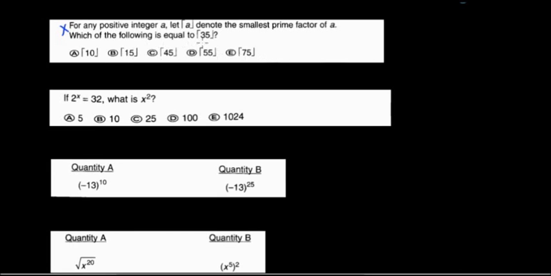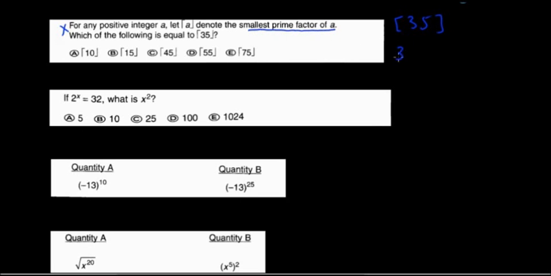Which of the following is equal to [35]? This is a very typical GRE problem where they define something. Here they define this bracket a to be the smallest prime factor of a. So they define something and they ask you to use that definition to find something else. Here they want us to find [35], and what this represents is the smallest prime factor of 35.